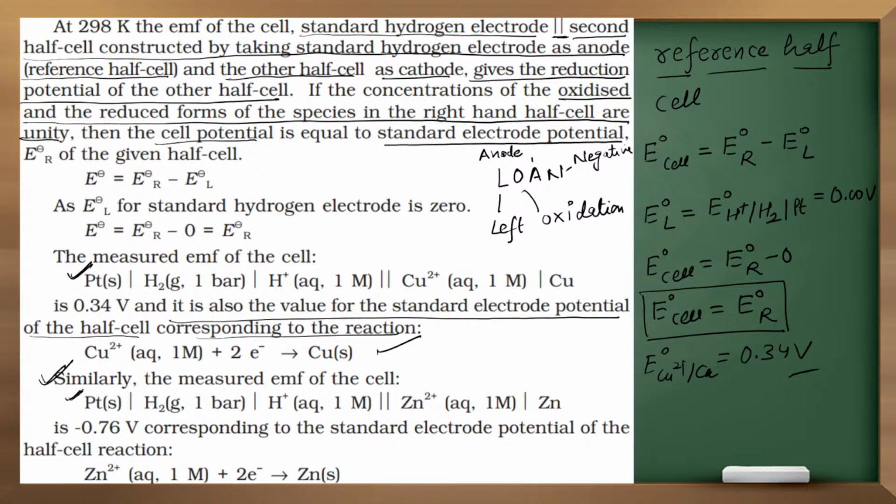How do we calculate? This is the cell: Pt solid, H2 gas, 1 bar, H plus aqueous 1 molar, zinc 2 plus aqueous 1 molar, zinc solid.